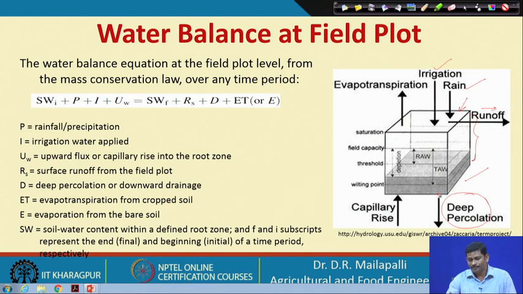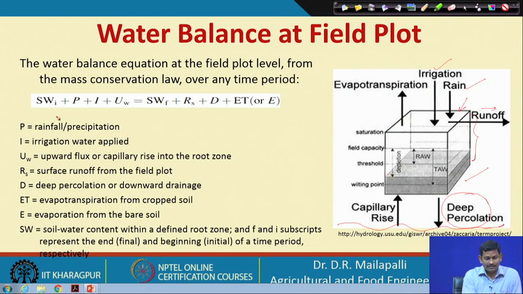And if you have a water table lying below the root zone and very near, then there is a capillary rise from the water table to the root zone. These are the major components we are dealing with in water balance at field level.